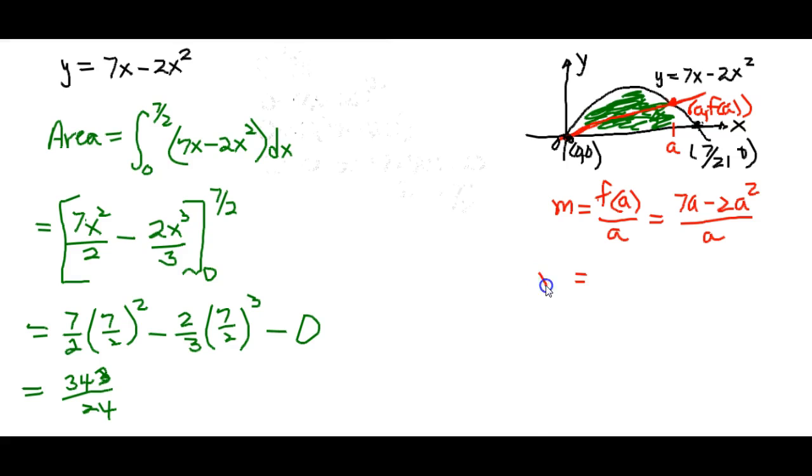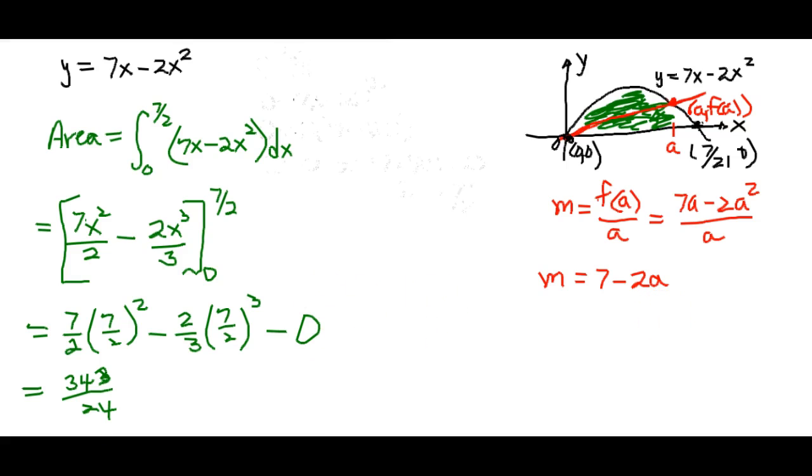Dividing both terms in the numerator by a in the denominator, we get 7 minus 2a. So this expression gives us the slope of the line, which is what we're looking for. The only problem is we now need to figure out what a is. So the question is, how will we do that?